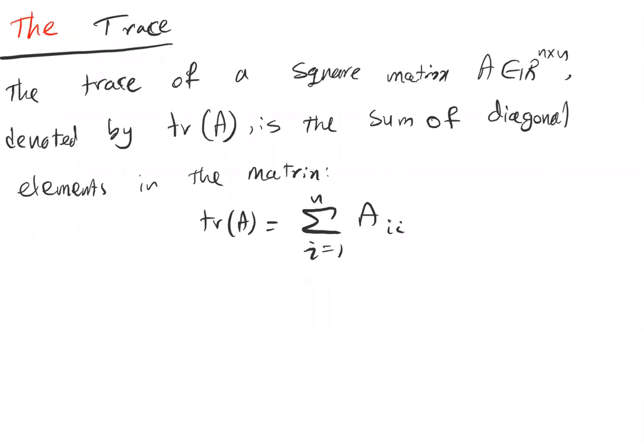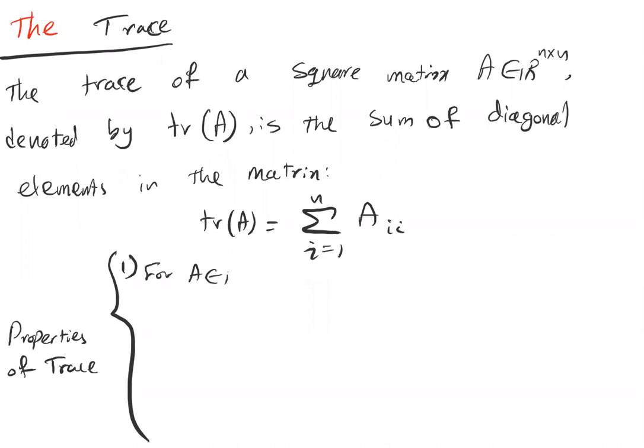All right, so there are some properties for trace. Properties of trace. One, for matrix A, which is n by n, trace of A is equal to trace of A transpose.